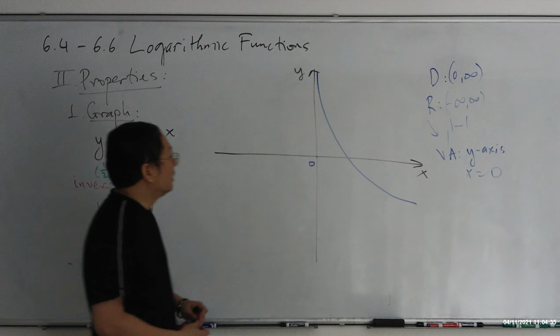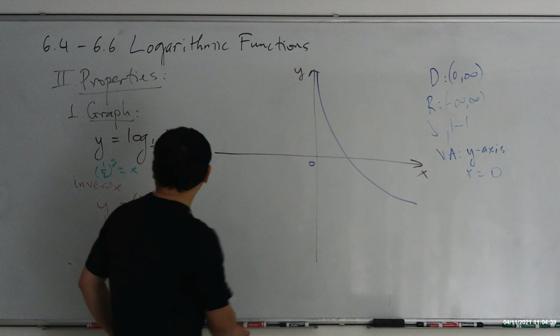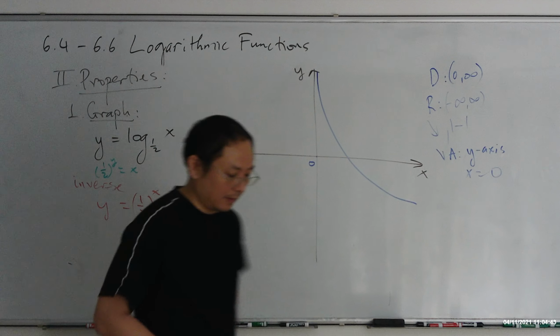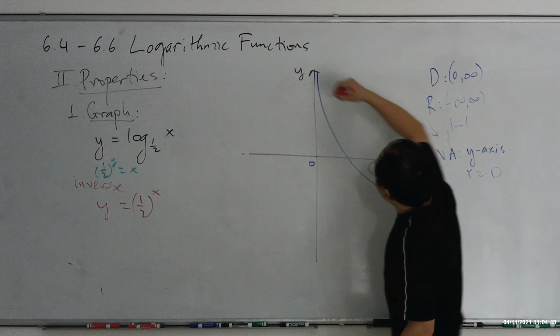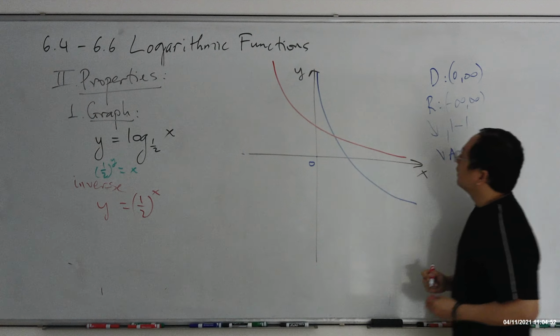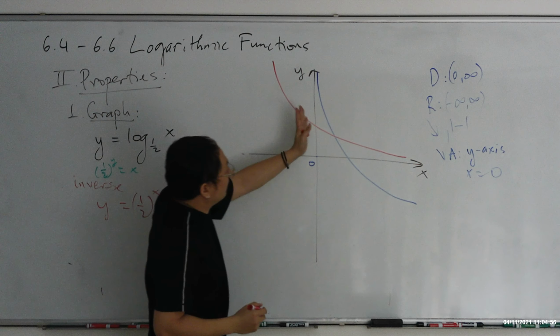Right on this same graph, so you can see, and the color I used was red, yes, red. And the graph of this one is going to be like this. The domain for the red function is what?